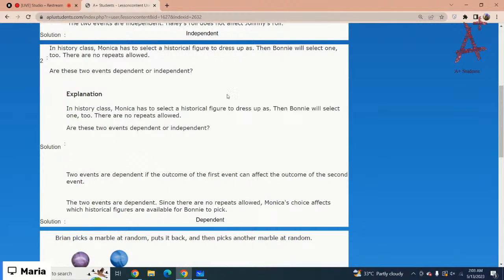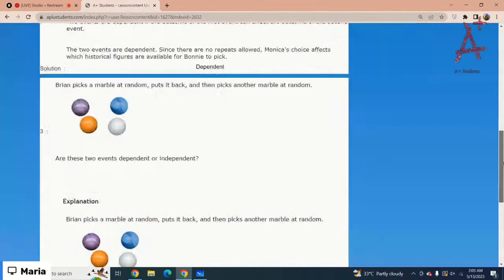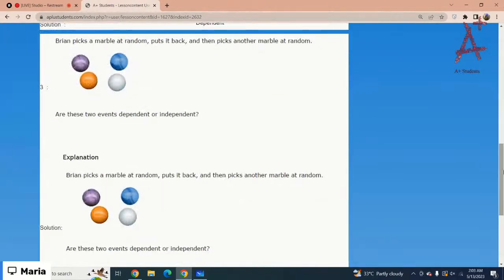The next one is Brian picks a marble at random, puts it back, and then picks another marble at random. Are these two events dependent or independent? So you have four marbles. You pick one, but then you put it back and you pick again. For the next time, you again have four options.